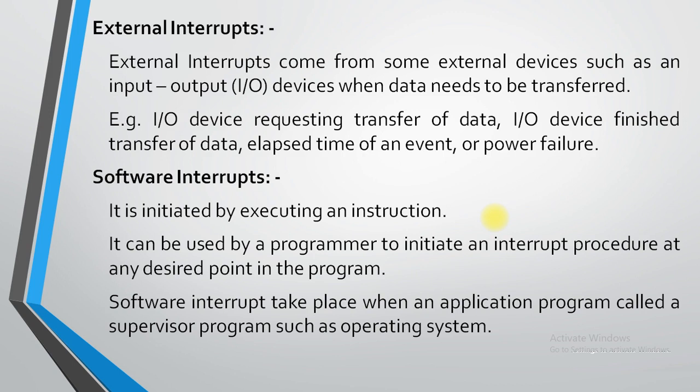So these are the different types of interrupt which may occur during the execution of your application. The first is internal interrupt, the second is called external interrupt, and the third is called software interrupt.